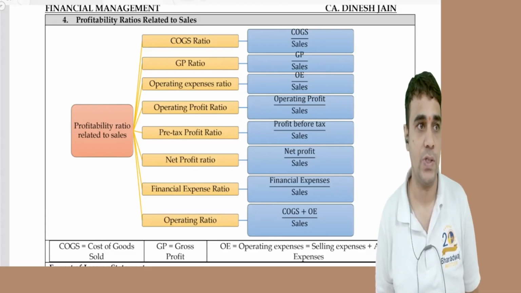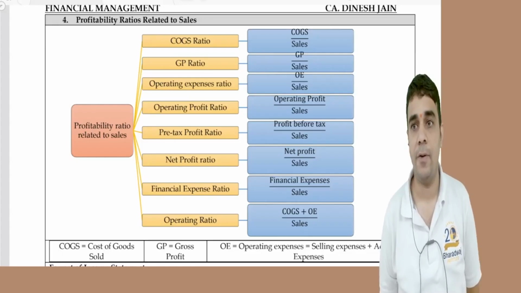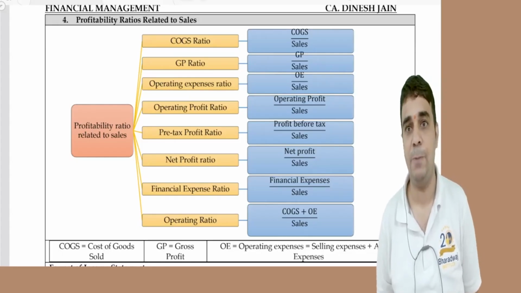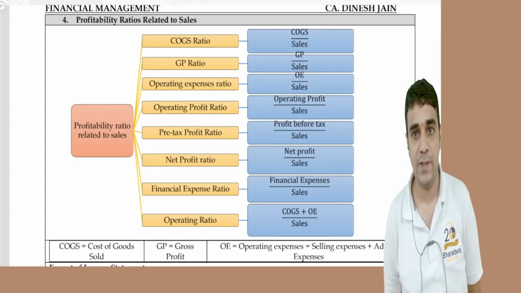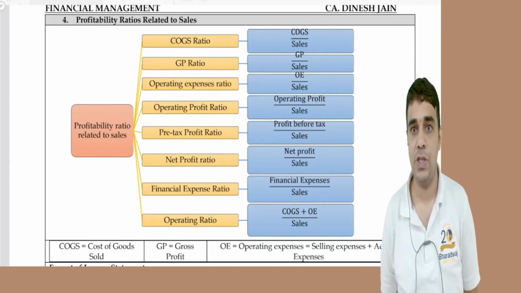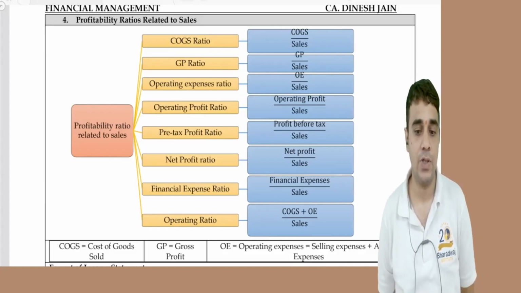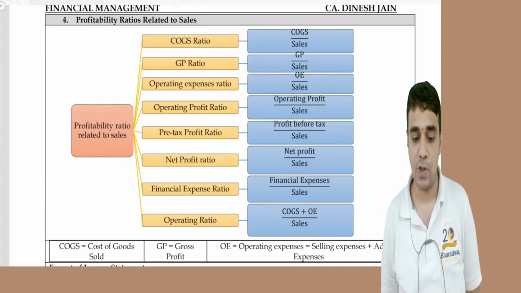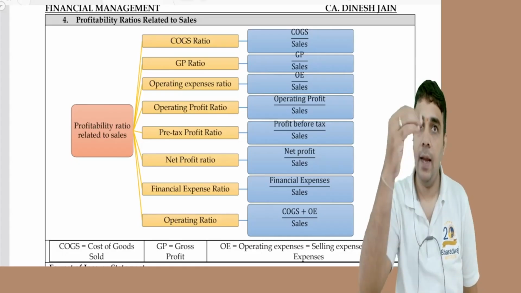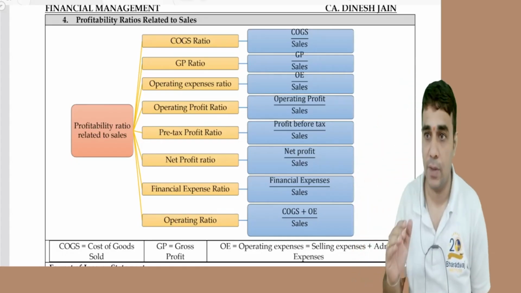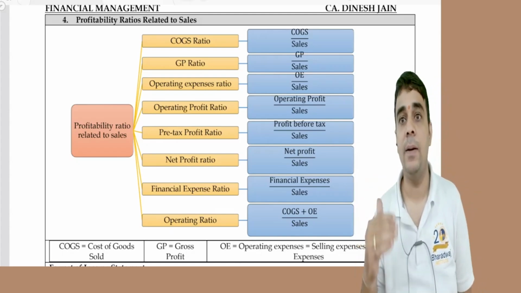What is COGS? Anything part of the trading account. All expenses part of the trading account are sales minus GP. Sales minus GP is COGS. GP ratio, GP by sales. Operating expenses ratio, operating expenses. What are operating expenses? Anything part of the P&L account, anything not part of the trading account.